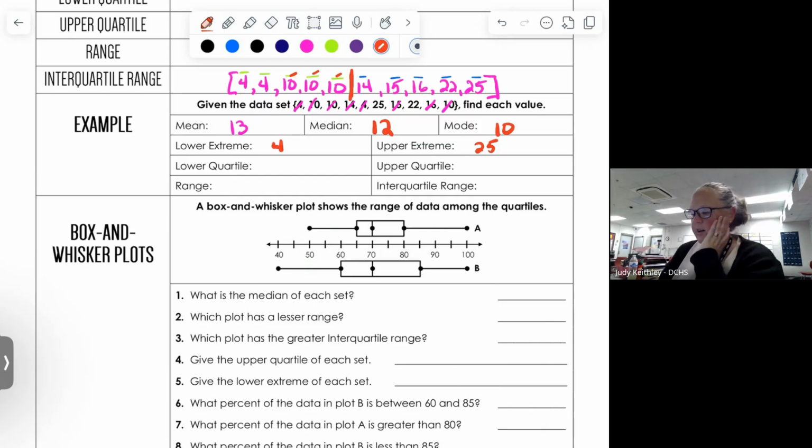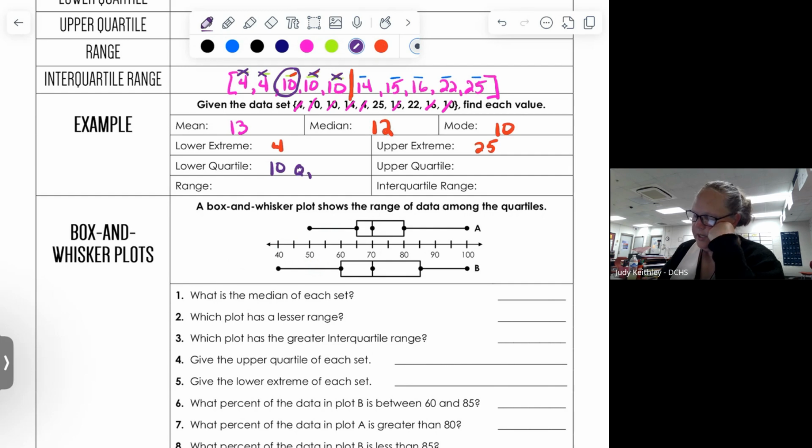Lower quartile. Now that's the median of the lower half of the data. So let's get a different color here again. I'm going to do the same thing. I've got 5 numbers, so let's start marking out 1, 2 numbers, 1, 2 numbers, and right there is what our middle number is. So it is 10. Now remember, our lower quartile is our Q1.